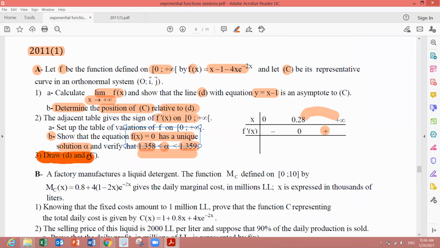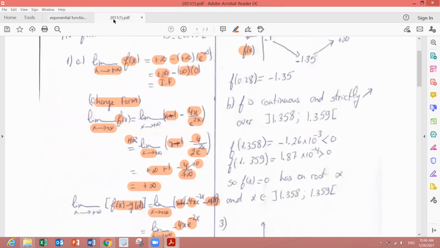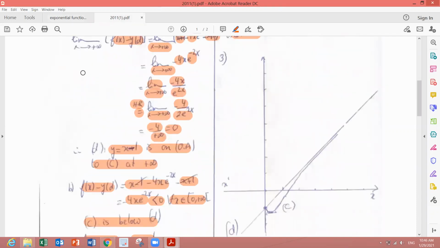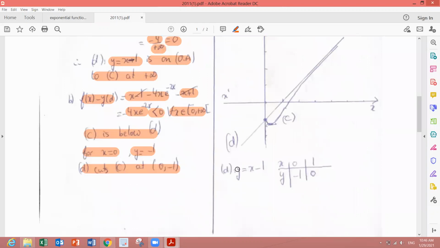Part 3, draw D and C. First, to draw D, we have the line D, y equal x minus 1. One point is at x 0, y minus 1. Second point is at x 1, y 0.